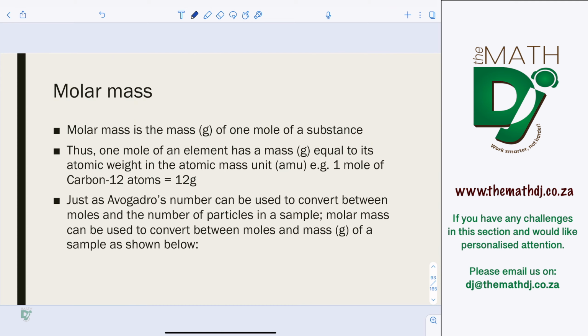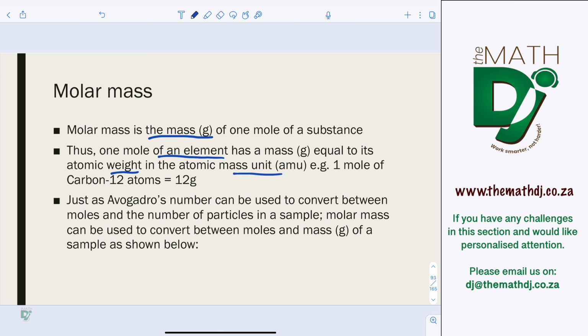Molar mass. So molar mass is the mass in grams of 1 mole of a substance. Thus, 1 mole of an element has a mass equal to its atomic weight in atomic mass units. E.g., 1 mole of carbon is 12 grams.